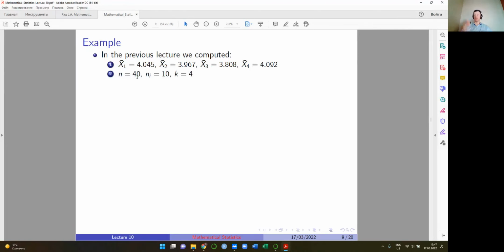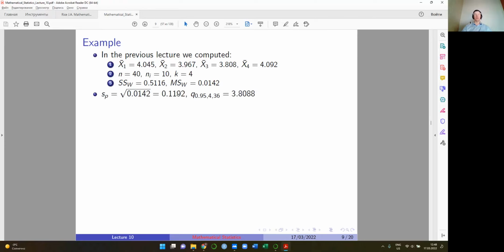So this is the overall number of observations. Please be careful: n is how many observations in total we have. We also calculated the sum of squares within here, and we know how much the mean square within is.